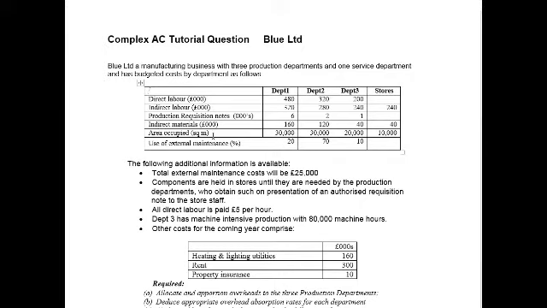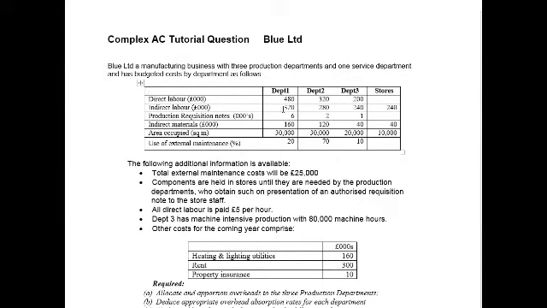So area occupied is given in square meters, and that will help you in deciding how much of some of the costs can be apportioned on the basis of area. So you can use these as the basis of apportioning a shared cost which you can relate with area. Use of external maintenance is given in percentage.